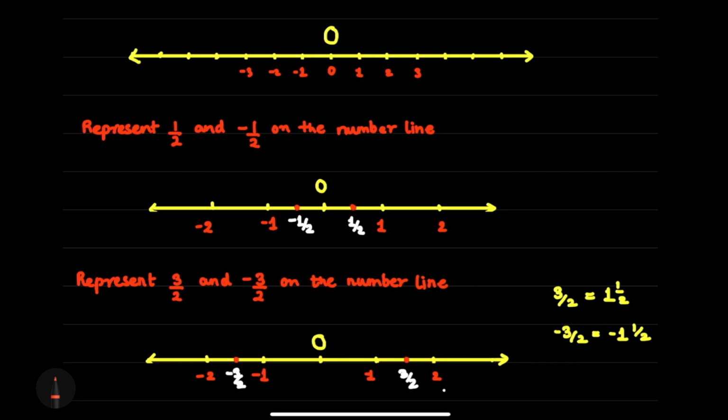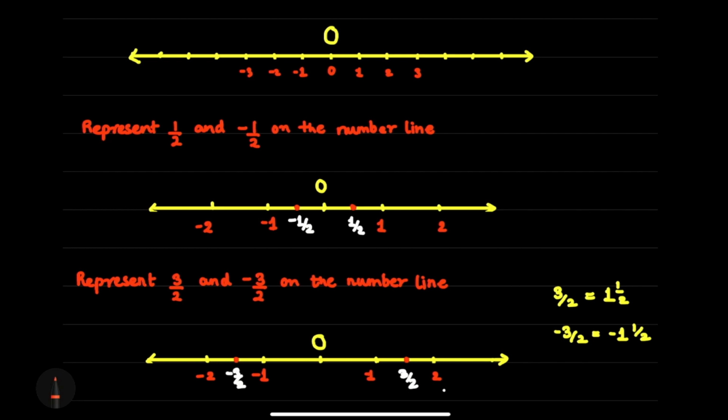Similarly, we can represent minus 3 by 2 and 3 by 2 on the number line. So 3 by 2 is 1 and 1 by 2, that is 1 plus 1 by 2. So 3 by 2 lies between 1 and 2. We divide the line segment between 1 and 2 into two equal parts and call the point Q. So this point Q represents the rational number 3 by 2.